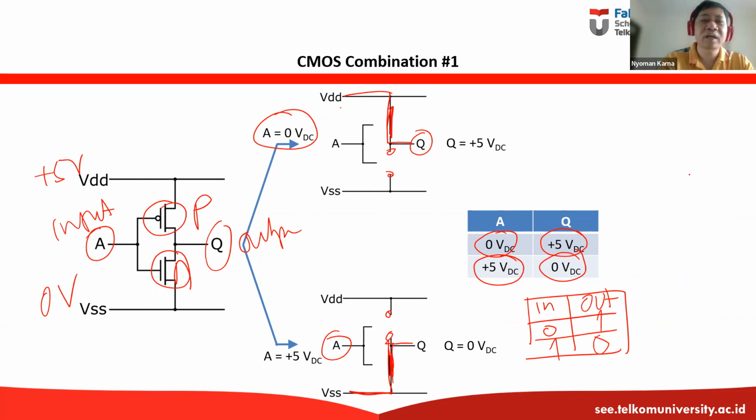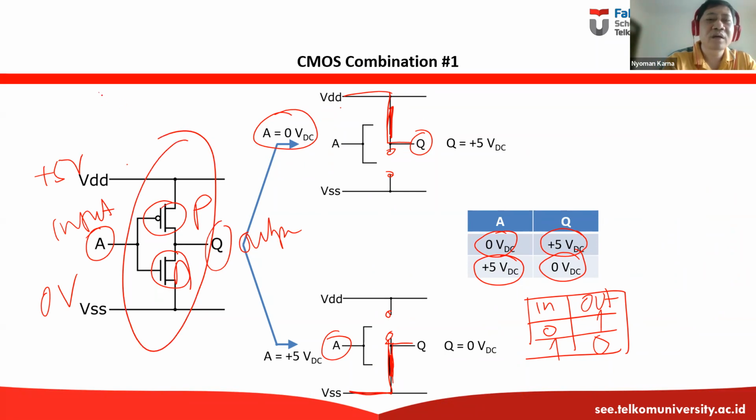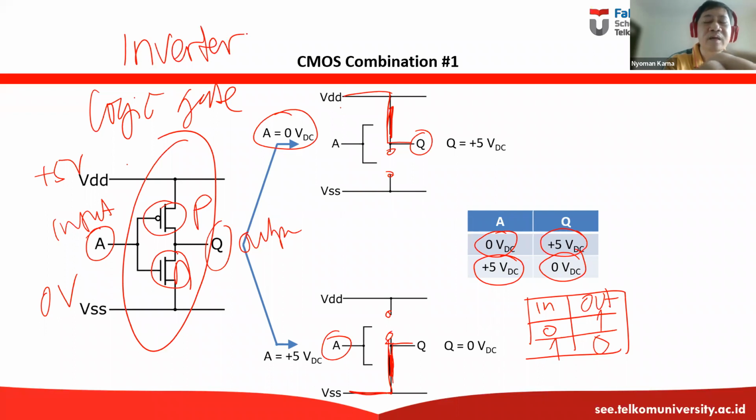So that's why this combination of CMOS is called the logic gate with the functionality of an inverter, because it's inverting the input. 0, 1, 1, 0. So this is what we call the inverter logic gate.